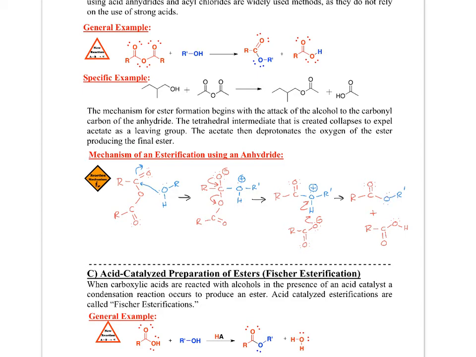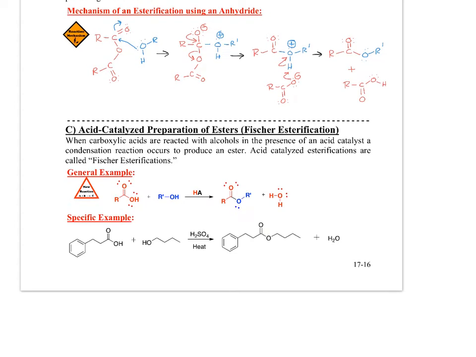You can also create esters through the use of an acid catalyst. You can take a carboxylic acid and treat it with an alcohol with the addition of an external acid, such as typically H2SO4. We'll do a condensation reaction where we add on our OR.